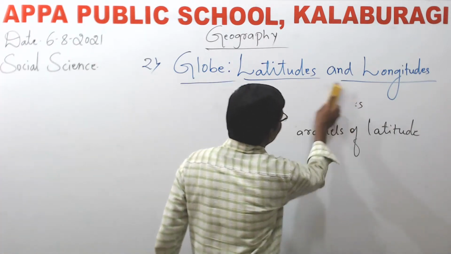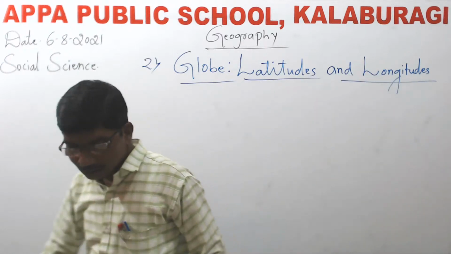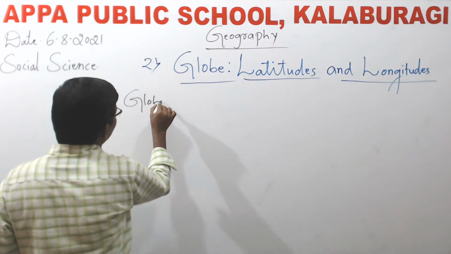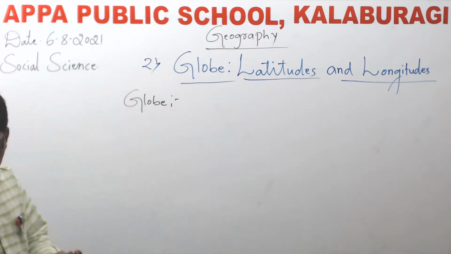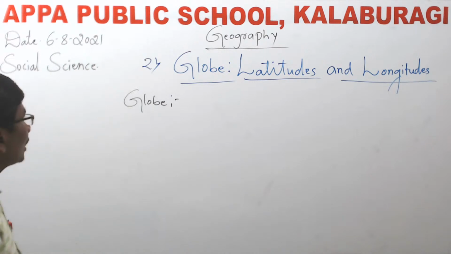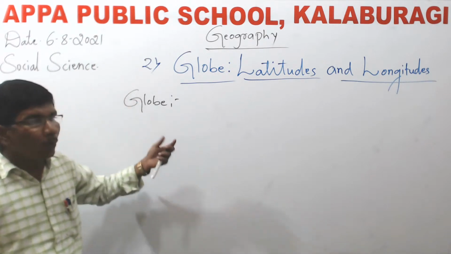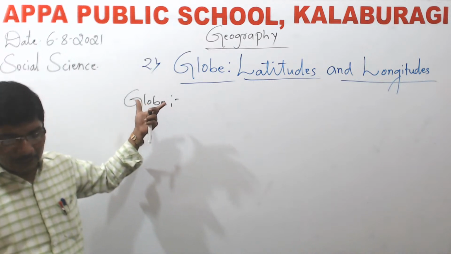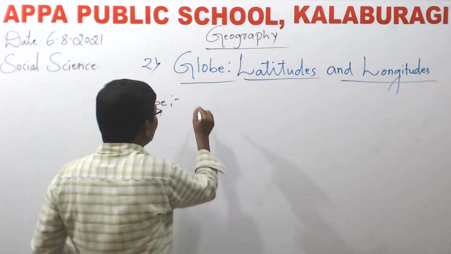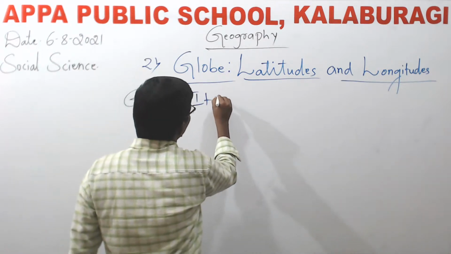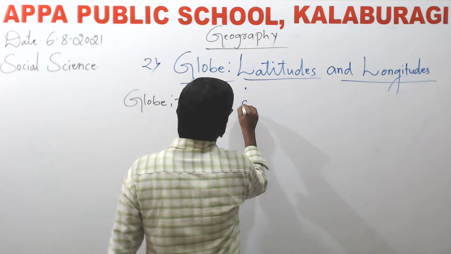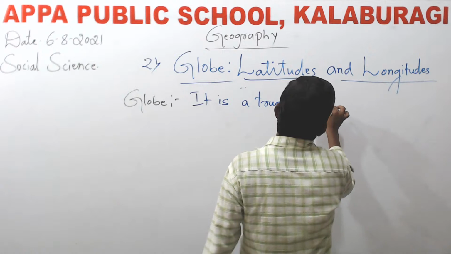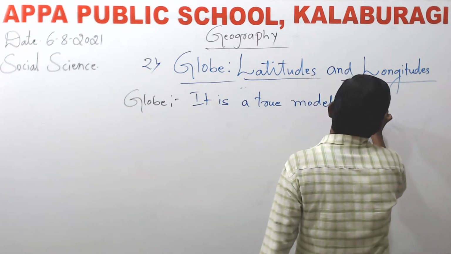First we are going to discuss the globe. What is a globe? Can anybody tell me, children? I said that in the previous class I have already studied about the globe. So what is a globe? A globe is a true model of the earth.